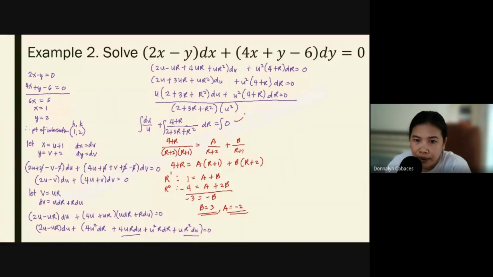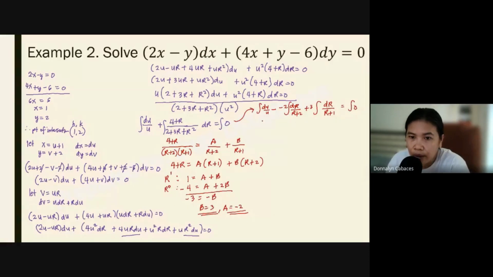Therefore, this is simply the integral of du over u plus, minus the 3, so minus our a is negative 2, so negative 2 dr over r plus 2 plus 3, the integral of dr over r plus 1 is equal to the integral of 0.